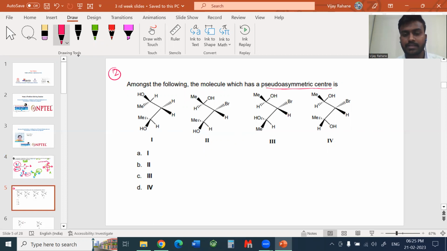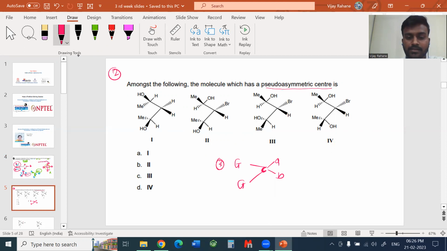Pseudo asymmetric center, right? So we have already seen this one. What is the pseudo asymmetric center? If a carbon atom has two different groups, A and B, and another group which has two different configurations.